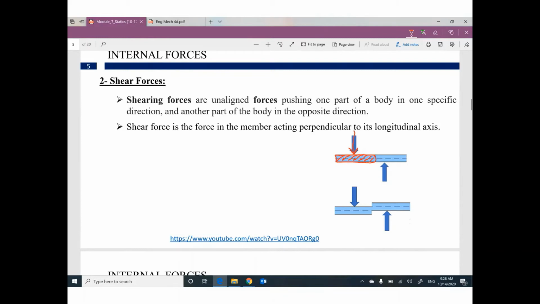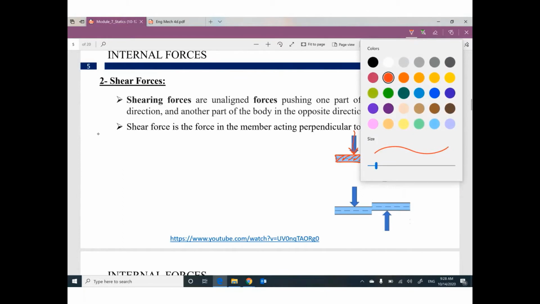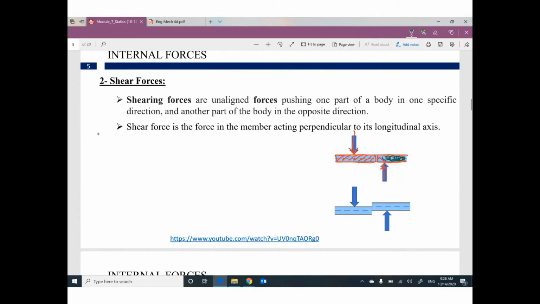We have another part of the same beam under the effect of this force coming up, so this part would like to move up. So what will happen here? Shearing. The beam will be sheared at this location because we have a load coming down and we have a load coming up.